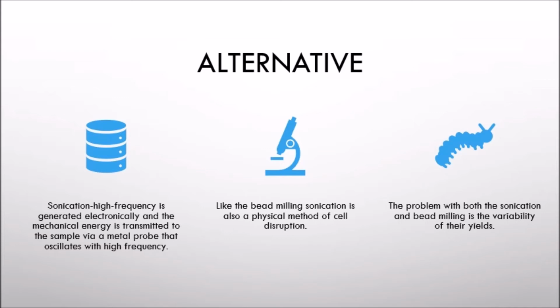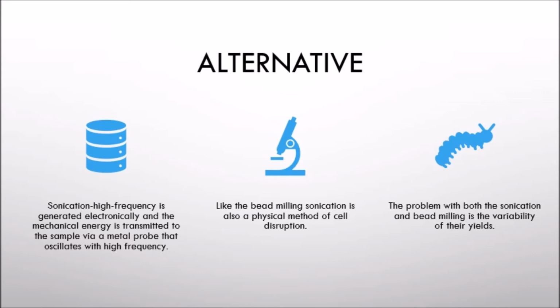An alternative way for cell disruption is the sonication process. It involves a high frequency generated electronically and mechanical energy that is transmitted to the sample via a metal probe that oscillates with high frequency. Like bead milling, it is also a physical method of cell disruption.